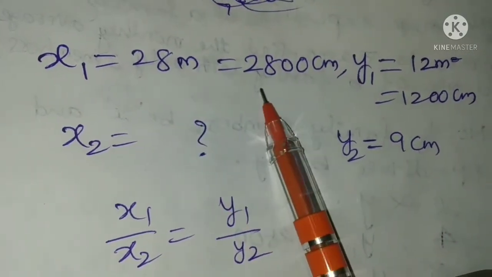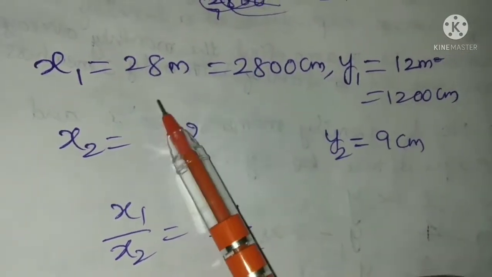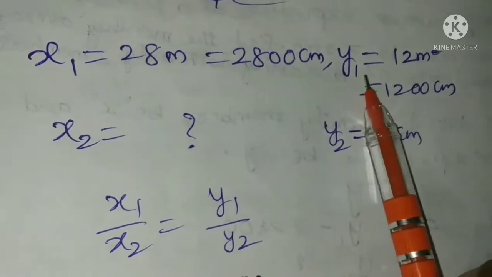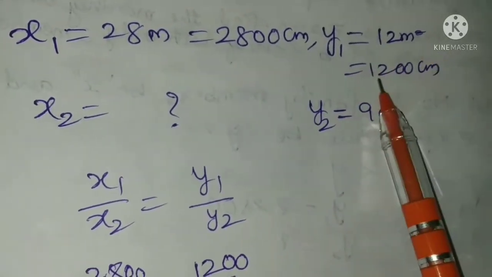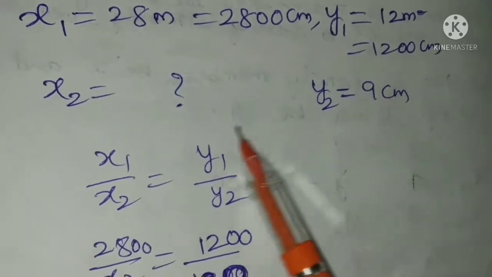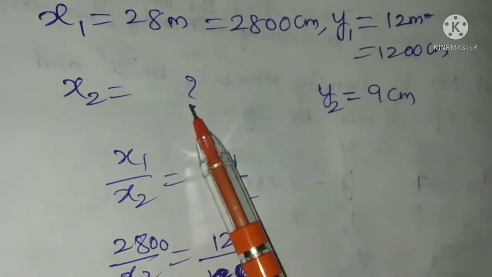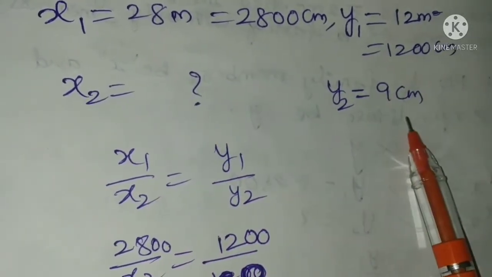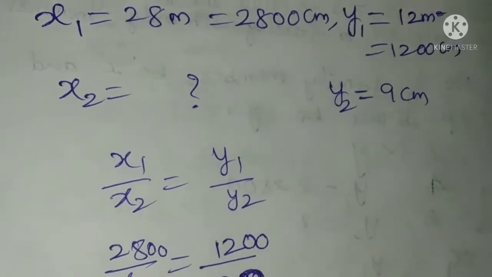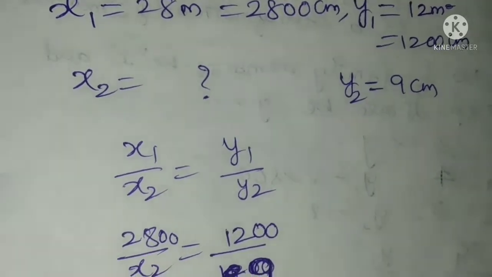If we convert it into centimeters, into 100, 2800 centimeters, and height 12 meters, 12 into 100, 1200 centimeters. x2 is the length, y2 is 9 centimeters.